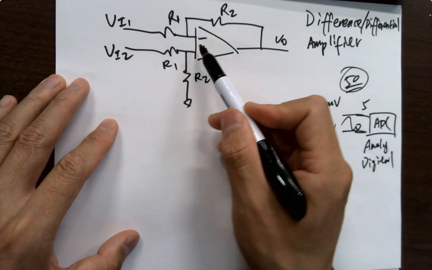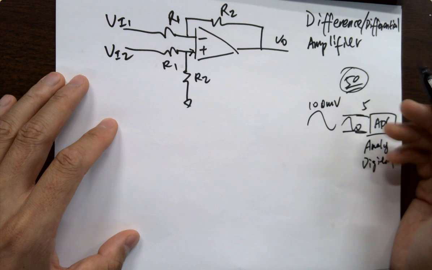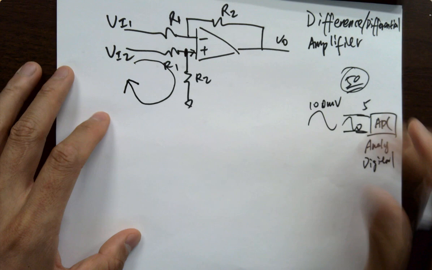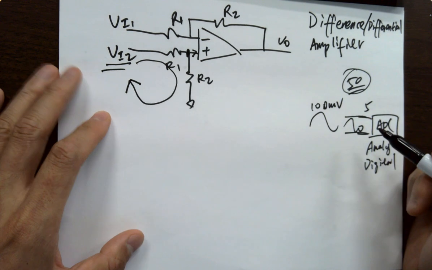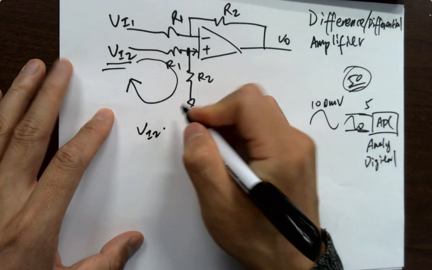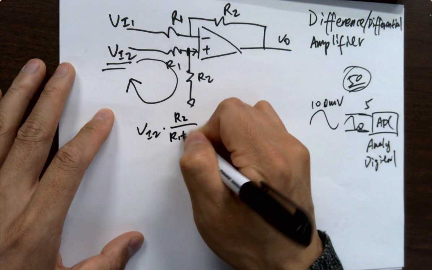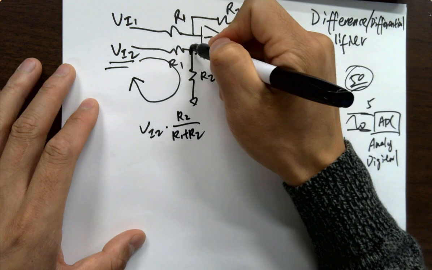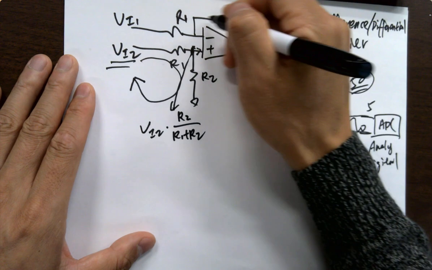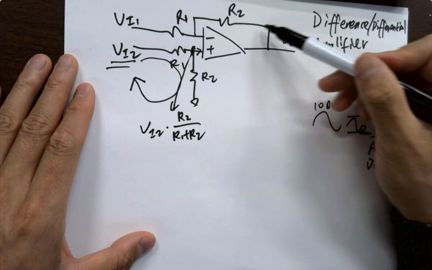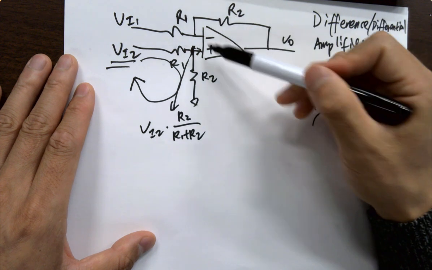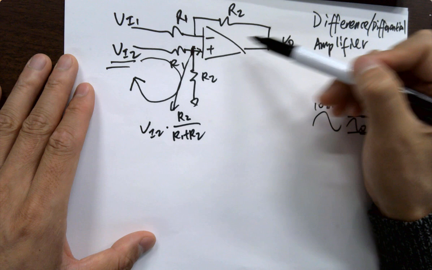Any current in here? What's the voltage here? No, you've got a voltage source. It's a voltage divider. VI2 times what? R2 over R1 plus R2. That's the voltage here, right? What's this showing you? Negative feedback. What's the open loop gain? Infinity.